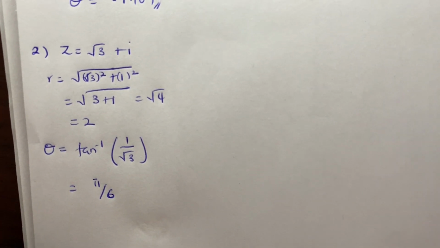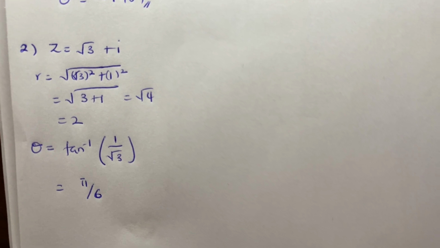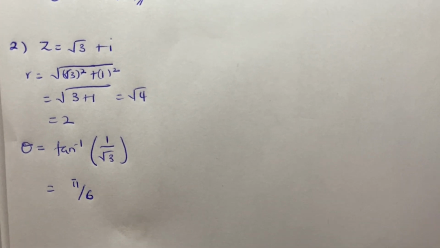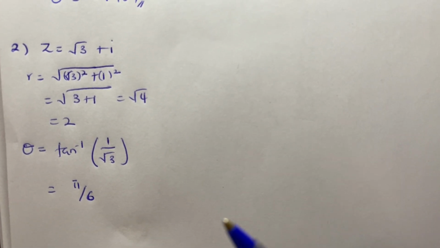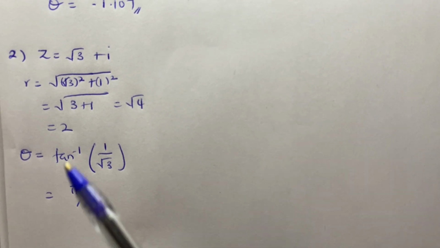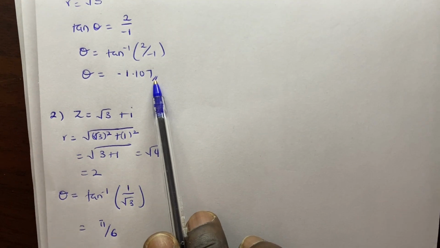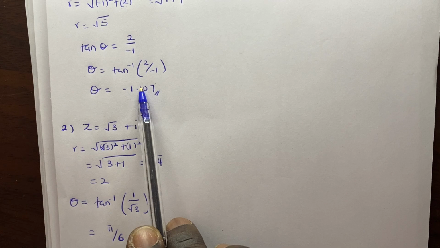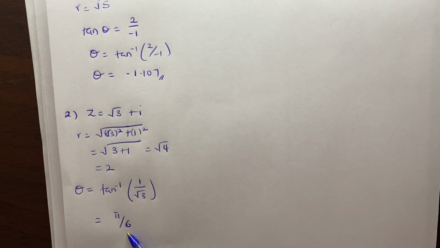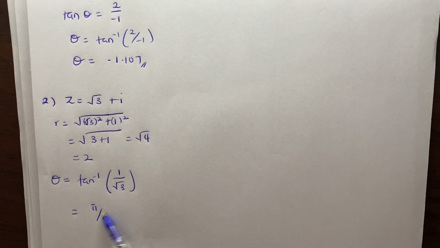So it is very important that whenever you are finding your arguments, you change your calculator to rad so that you get your answer in terms of rad. So here this answer is in terms of rad. If you change it to degrees, you're going to get a different value.